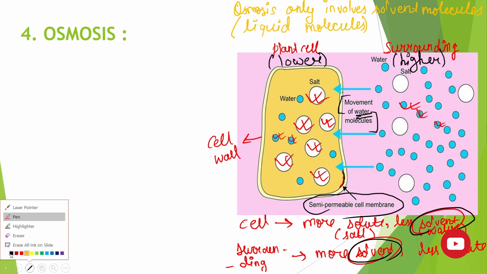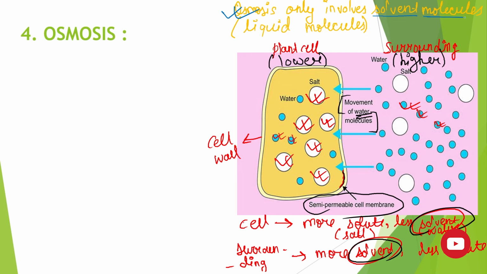Osmosis only allows the movement of liquid molecules through the semi-permeable membrane. So remember this point, because it is very important when you are writing the difference between two processes like this. A very important point regarding osmosis is that it only involves the movement of solvent molecules, that is, liquid molecules. There is no action of solute molecules here. It only involves the solvent.